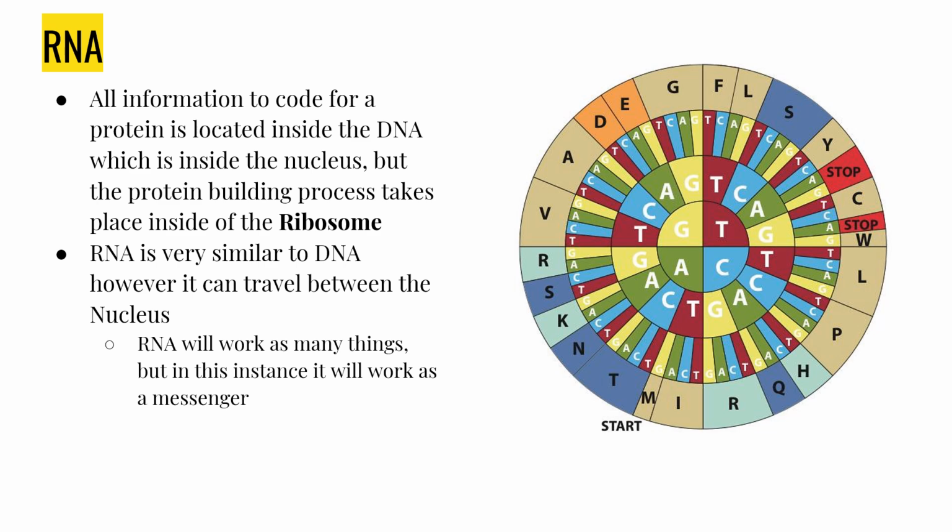So mRNA, messenger RNA. And its sole job is to copy the DNA and then take that copy to the ribosome to make more copies of it, because DNA cannot leave the nucleus. It's stuck. But RNA can.